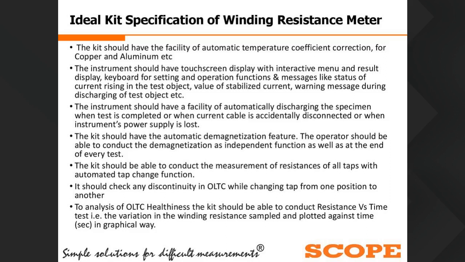It should also have a facility to check the discontinuity of the OLTC, that is to check the behavior of the OLTC when changing tap from one position to another. Then to analyze OLTC healthiness, there should be a facility to give a current versus time graph, that is, sampled winding resistance plotted against time in a graphical way.